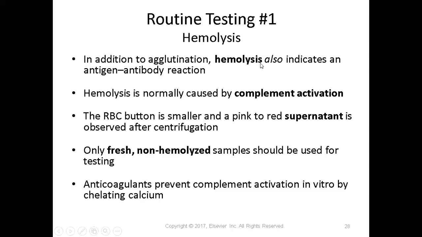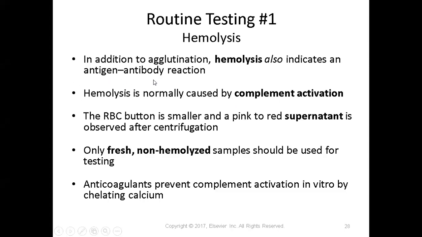hemolysis is the destruction of red cells. So when can hemolysis occur? If something called complement is activated. And trust me, we're going to get to complement in a few minutes. So hemolysis is normally caused by complement activation.